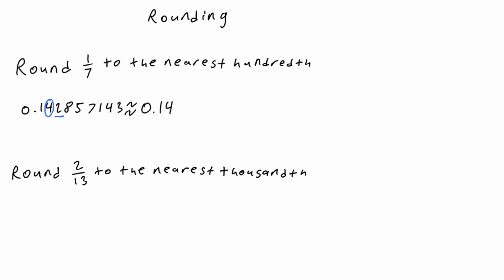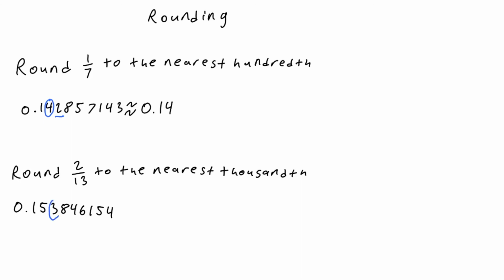And now round 2/13 to the nearest thousandth. Again, 2 over 13 in your calculator, or at least mine, says 0.153846154. Nearest thousandth, that's the third decimal place.